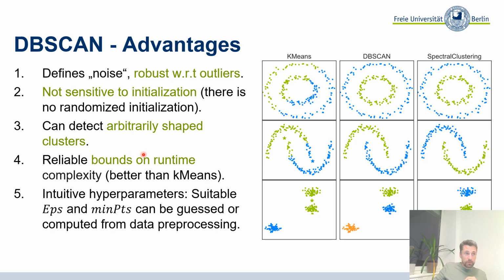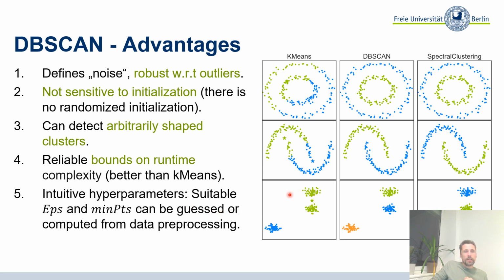It has reliable bounds on runtime, so it's better than k-means. And well, that's a little subjective, but it uses intuitive hyperparameters, so the radius EPS and the minimum number of points within this neighborhood that identifies core points. Yeah? Can be guessed and computed from data processing, but that's the case for the k in k-means as well.